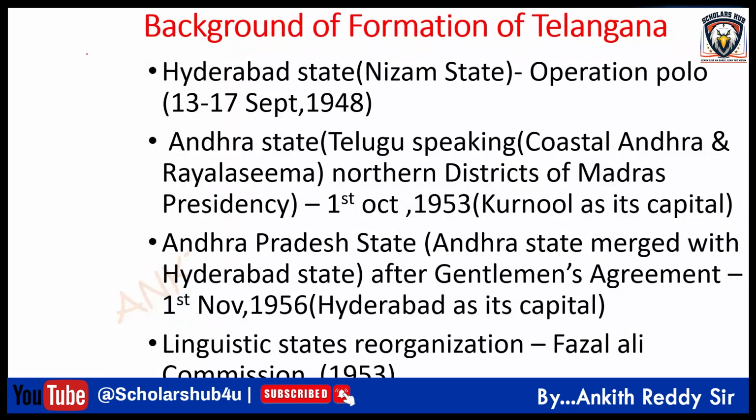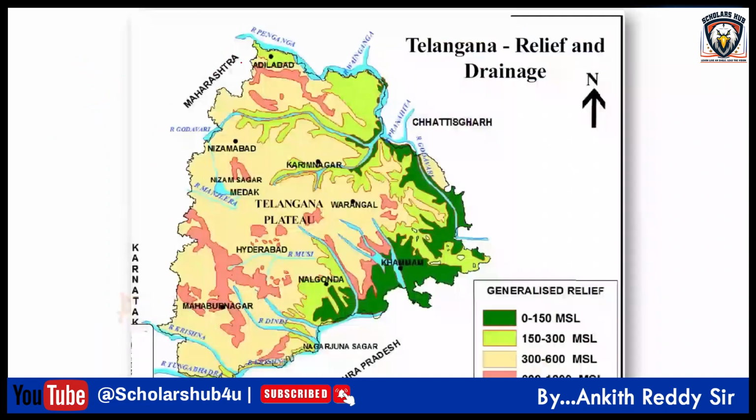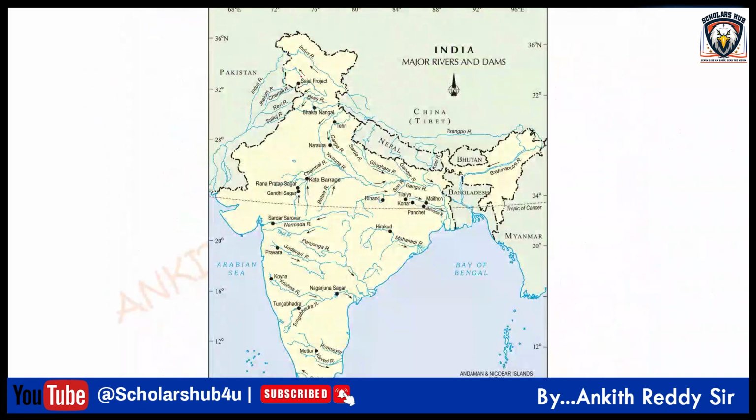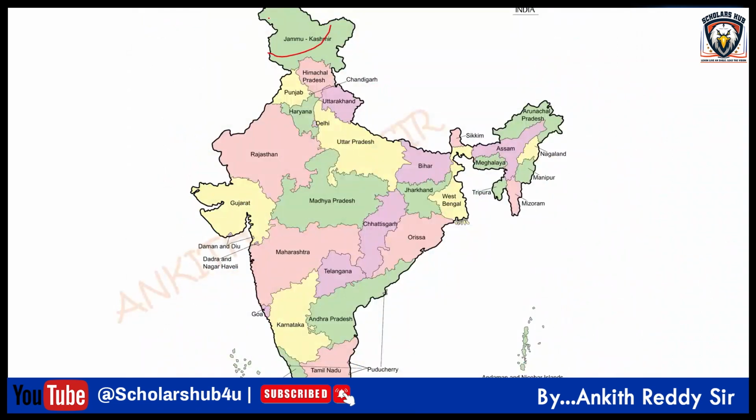So all of them agreed to merge with India. Almost 560 states agreed to merge with India, but there was a problem with 3 princely states: Kashmir, Junagadh, and Hyderabad. So these 3 wanted to remain independent.